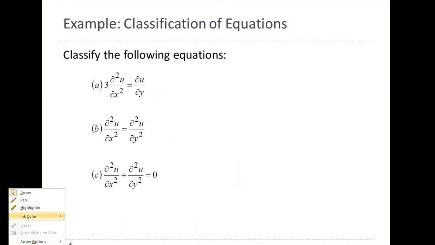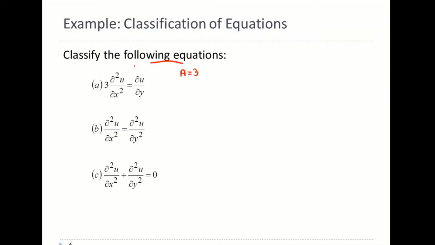So we go to the classification of PDEs. We need to identify A, B and C. For example here, A equals 3, taken from delta squared u over delta x squared. B comes from delta squared u over delta x delta y, and we don't have that term, so the coefficient is 0.